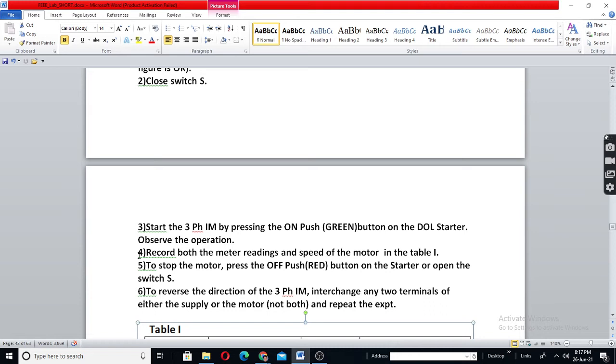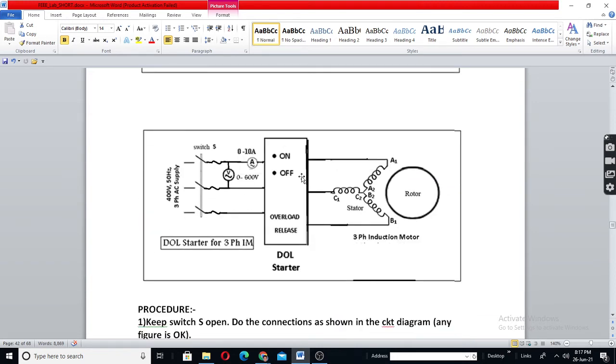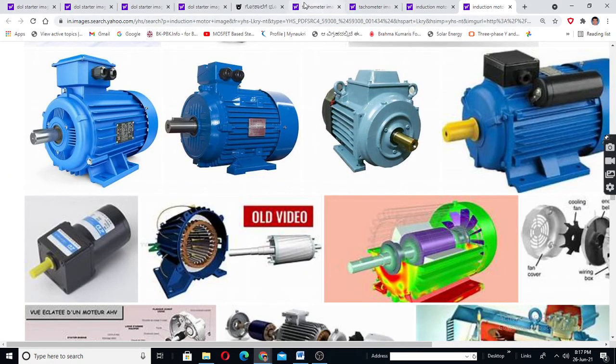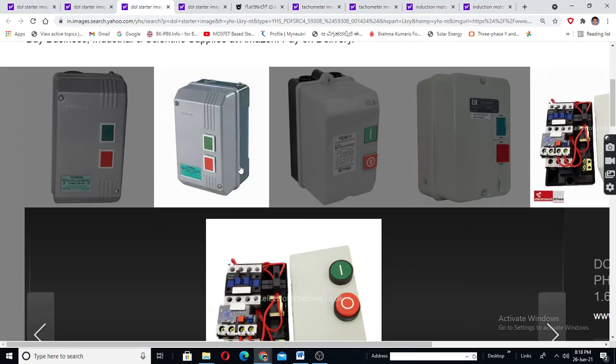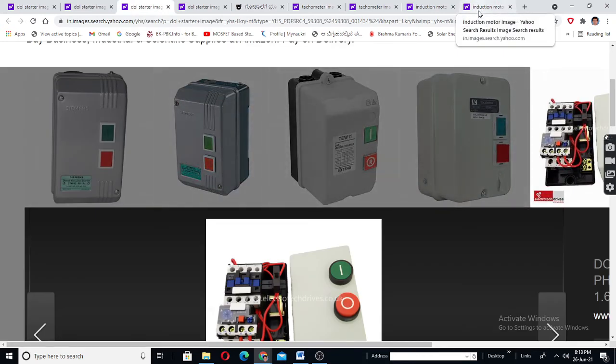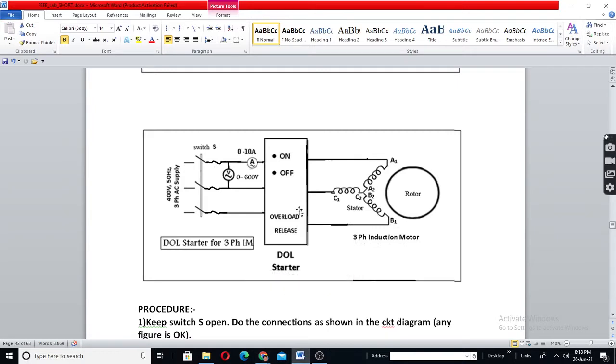To stop the motor, press the red button. Off button means red button. When you press it, the DOL starter will disconnect these three terminals from these three terminals.